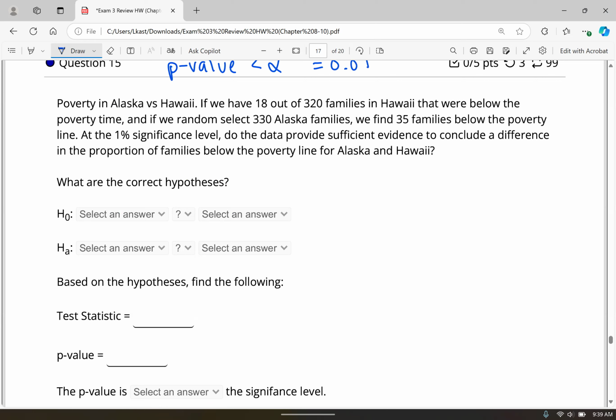At the 1% level of significance, so alpha's 0.01, do the data provide sufficient evidence to conclude a difference in the proportion of families below poverty line for Alaska and Hawaii?